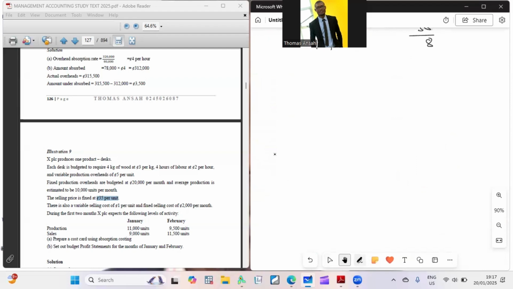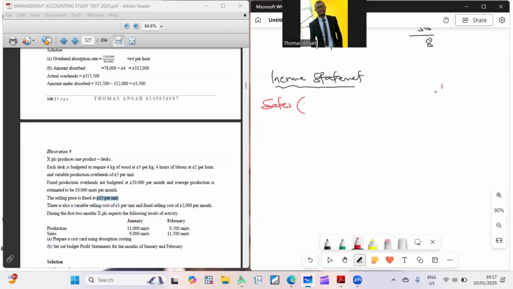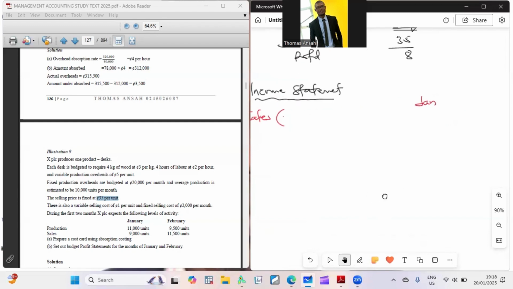So we will need sales. Let's say income statement or profit statement. We will need sales. And the sales is given by the number of units. So let's use this side for January and this side for February.